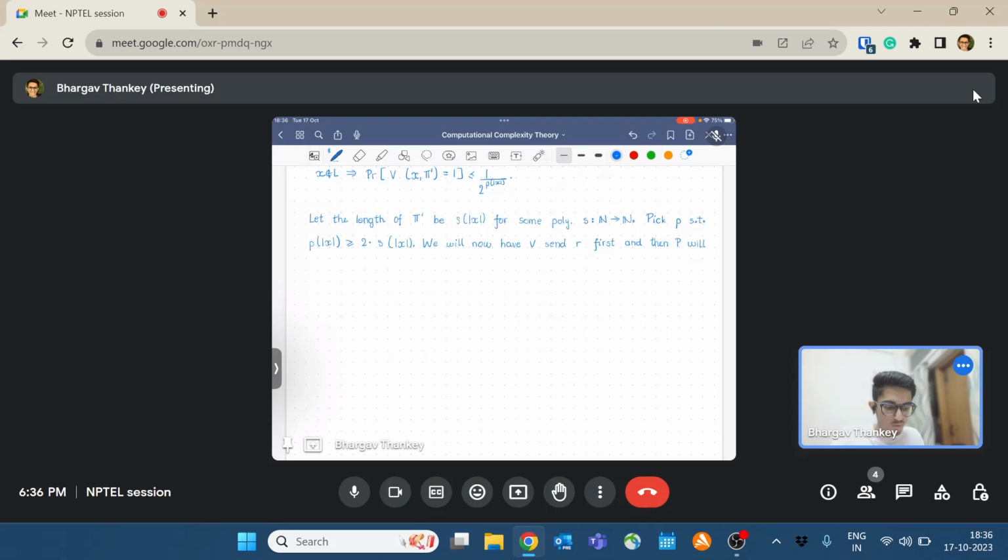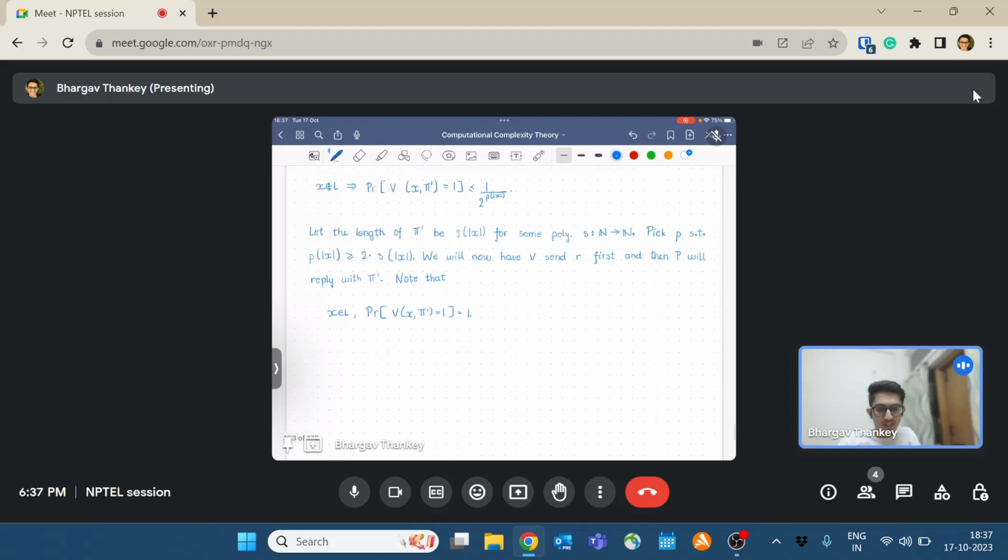And now we are supposed to verify using just R as randomness. It cannot use extra randomness. So now, okay, if X is in L, nothing changes, right? The probability that V of x comma pi prime is equal to 1 still remains 1. But the issue is with soundness.